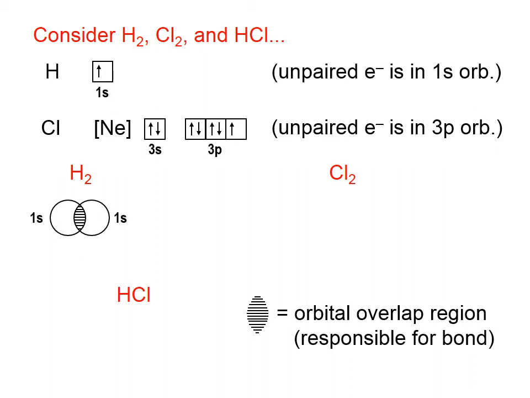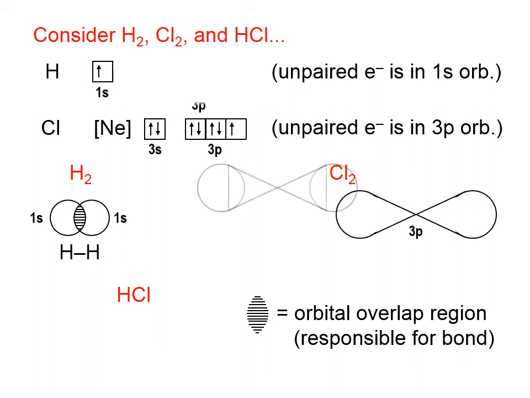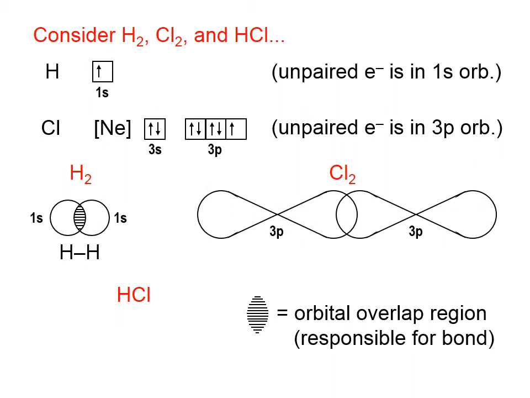What about for Cl2? There's a 3p orbital from one chlorine atom, and there's a 3p orbital from another chlorine atom. Each of those 3p orbitals has a single electron, and now there are two electrons that are shared, and that, according to valence bond theory, makes the bond.